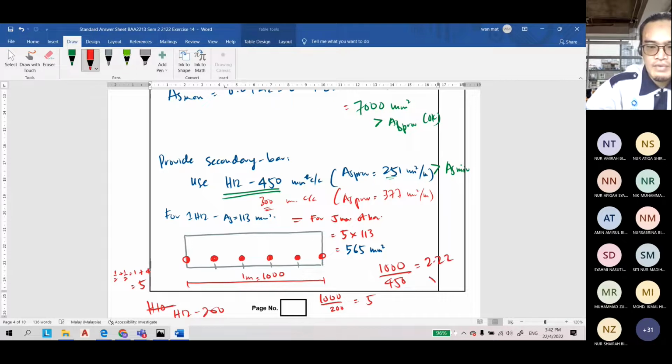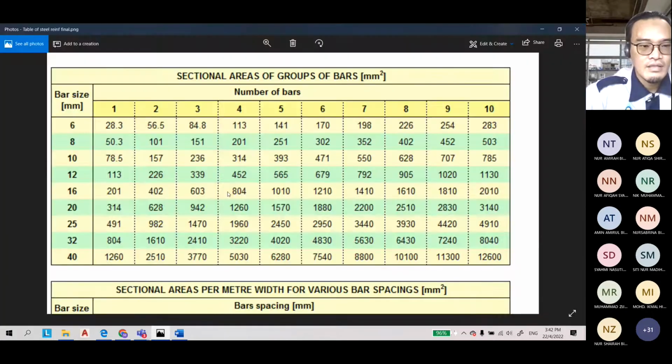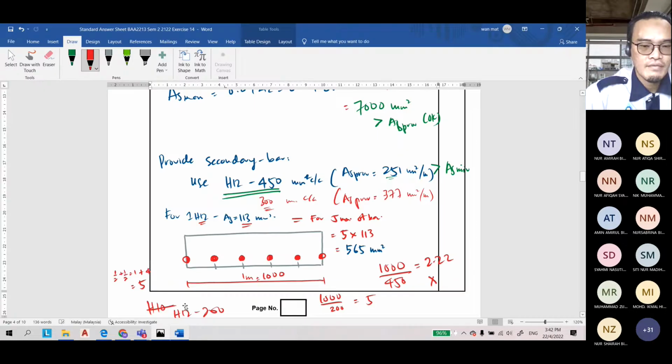So you multiply by the area of steel bar. If you use H12, the area is 113. If you use H10, it will be 78.5. So 2.22 times 113, what is the answer?